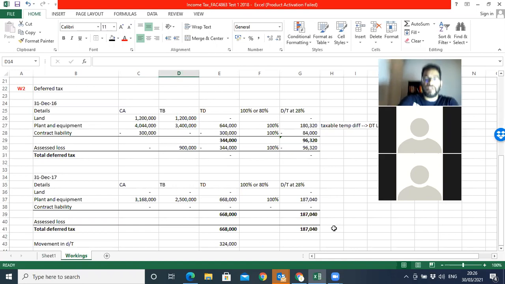Okay, guys, any questions? Fakir, your name appears first. Maybe if you can just explain the assessed loss one more time. Okay, I'm going to explain it when I come to the deferred tax note.